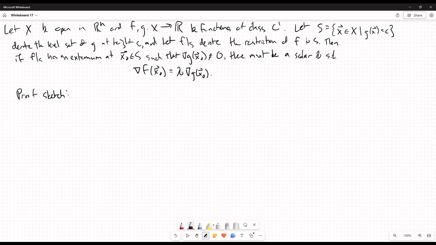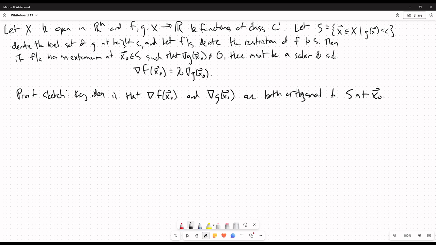The main idea is that the gradient of f at x naught and the gradient of g at x naught are both orthogonal to S at x naught.